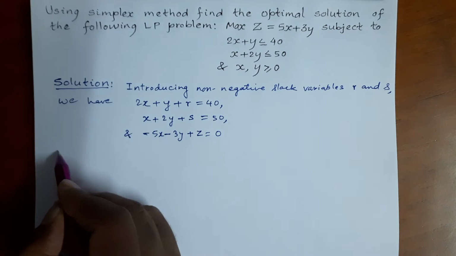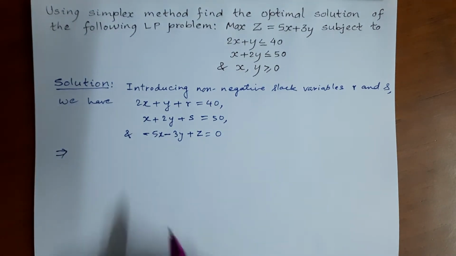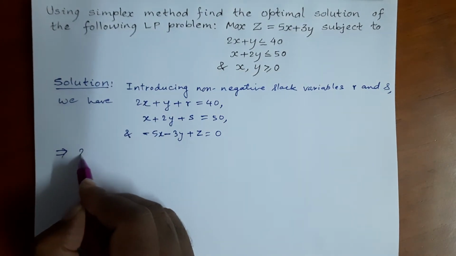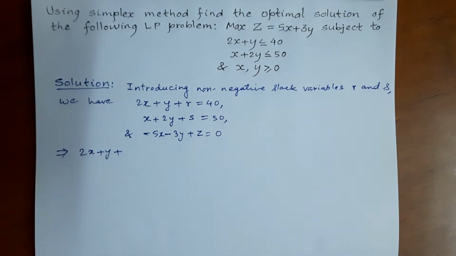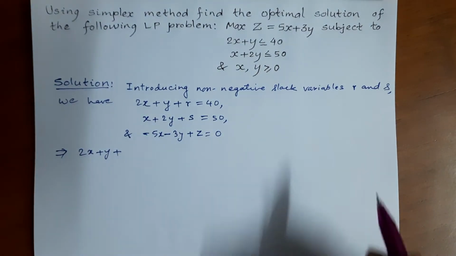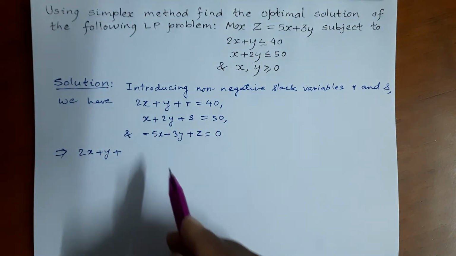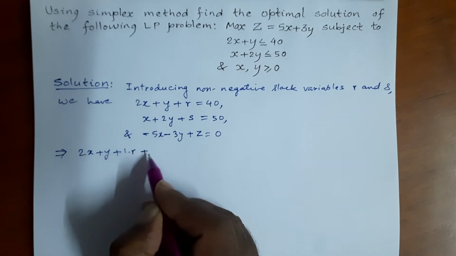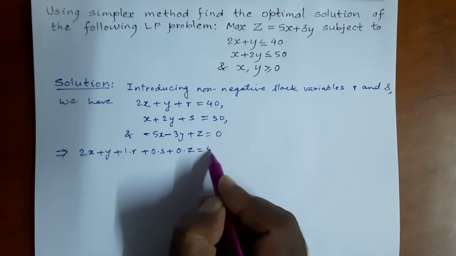Now this will imply 2x plus y plus, using all the variables r, s and z, we write every equation. So here we can write 1r plus 0s plus 0z equals 40.